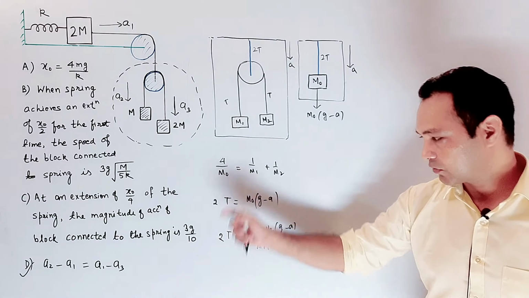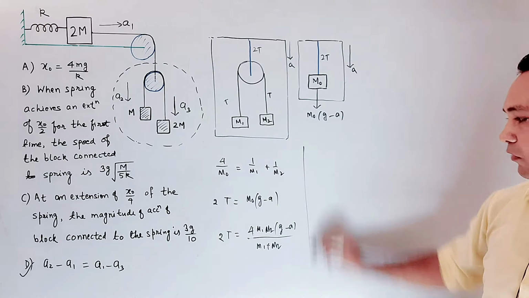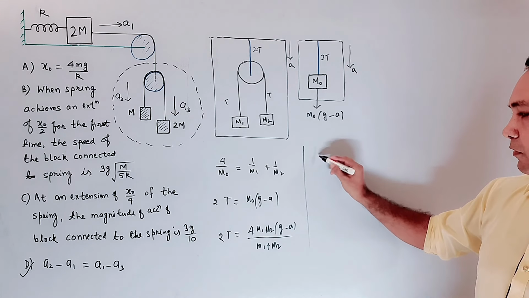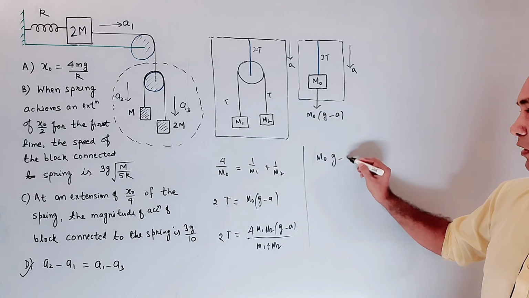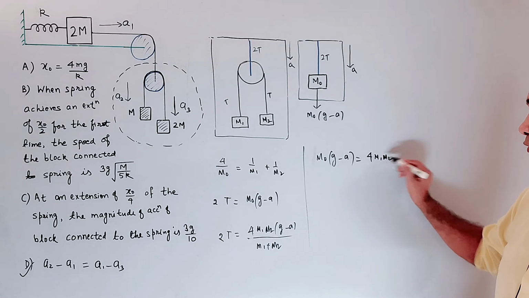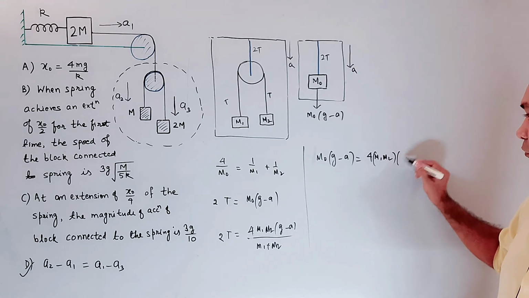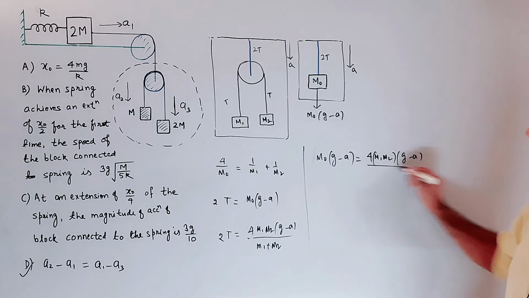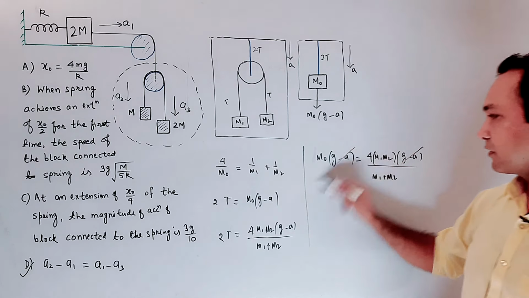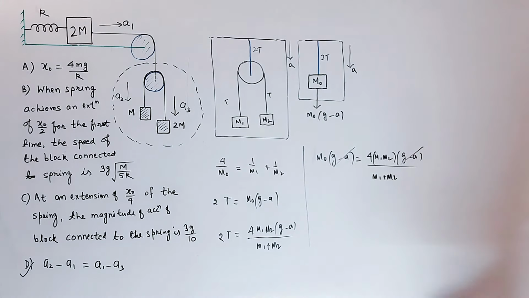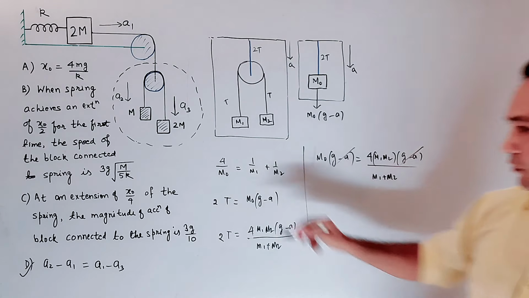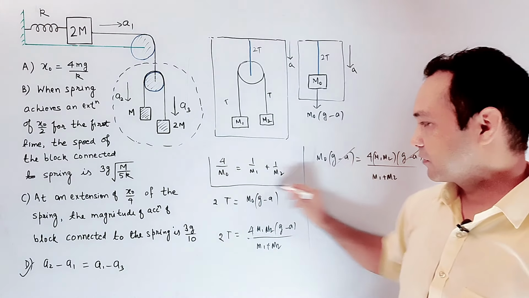So let me just equate these two. If I equate these two, I will get m naught (g - a) is equal to 4 m1 m2 into (g - a) divided by m1 plus m2. (g - a) gets cancelled, and you just simplify, you will get this result.